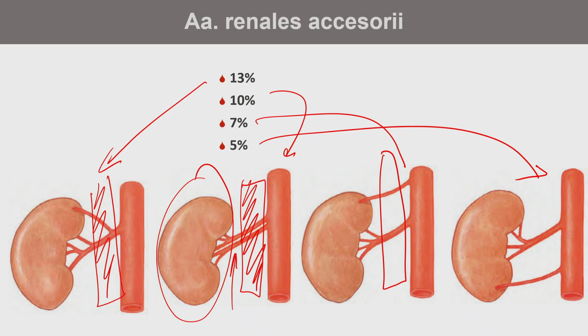for example, renal tumor. What could happen when the surgeon doesn't know that here is a polar artery? The artery could be disrupted during surgery without control of the ligature.